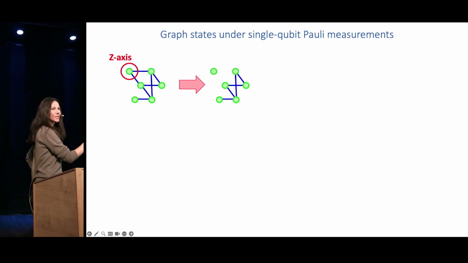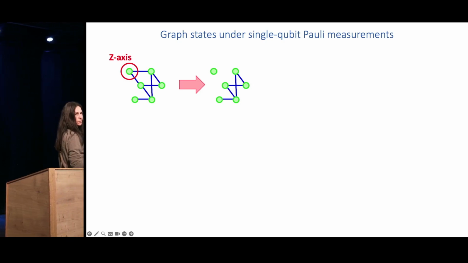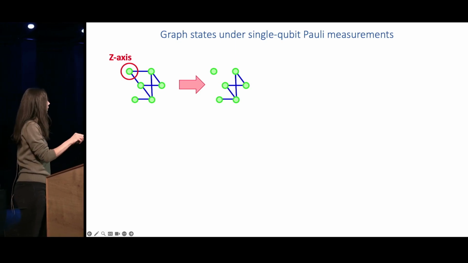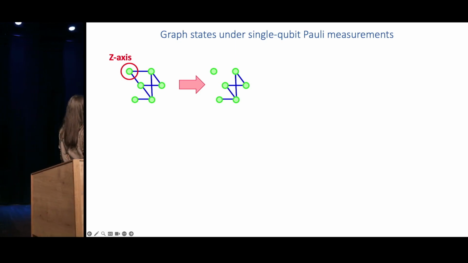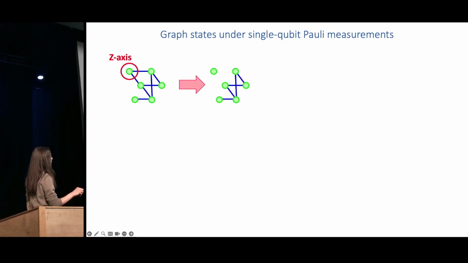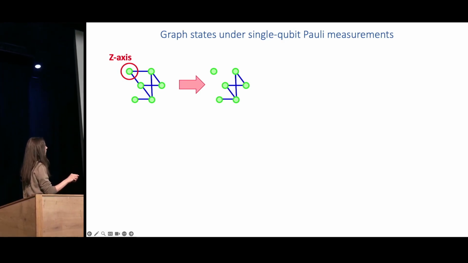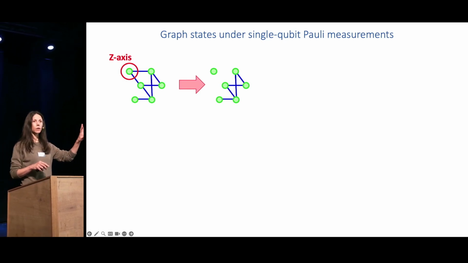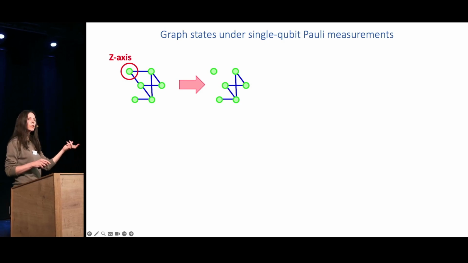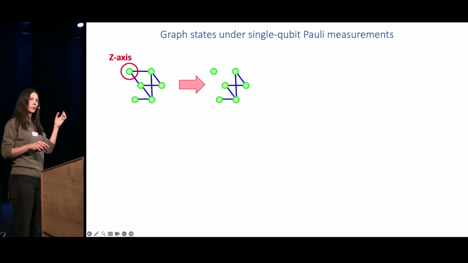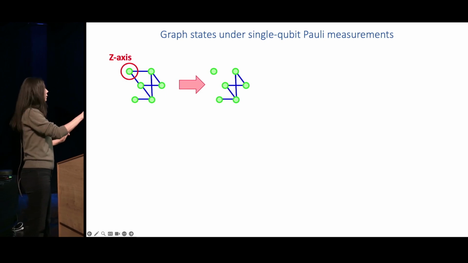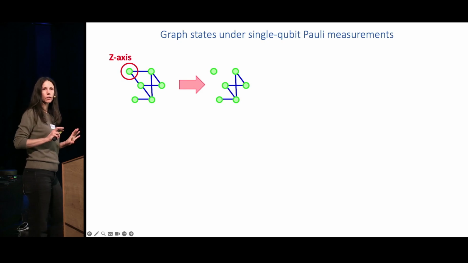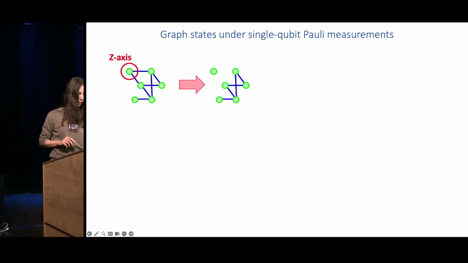At the very least a Hadamard, and I might also need a Z gate on top of that. All right, and then what happens to the rest? The rest of the graph remains intact, again, up to single qubit Paulis. But what's important here is that the structure is very specific, and I can make use of these rules when I try to calculate things in various quantum tasks.